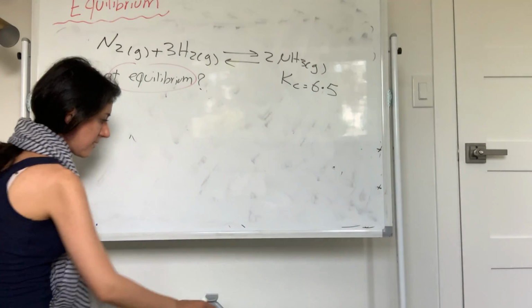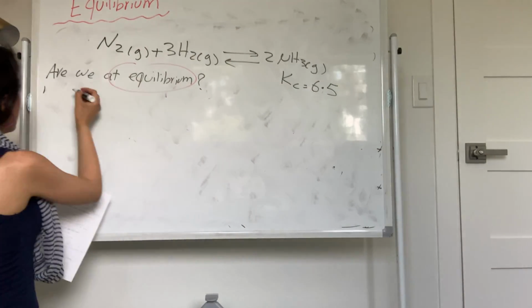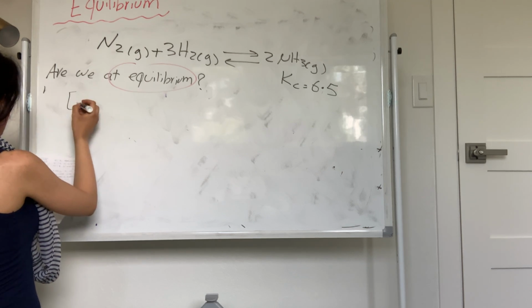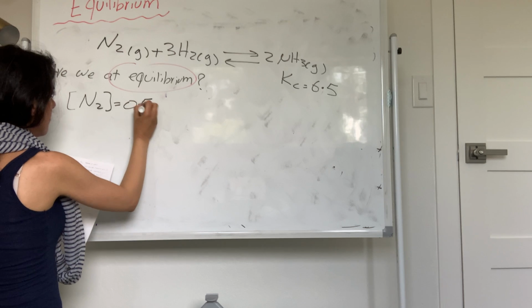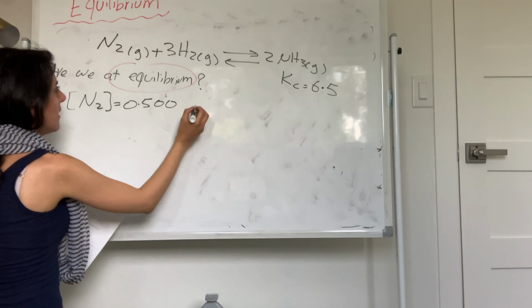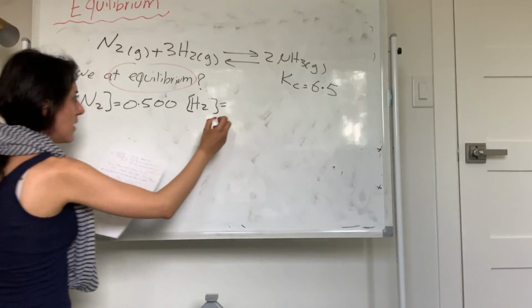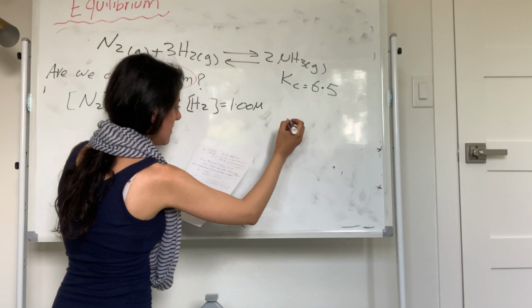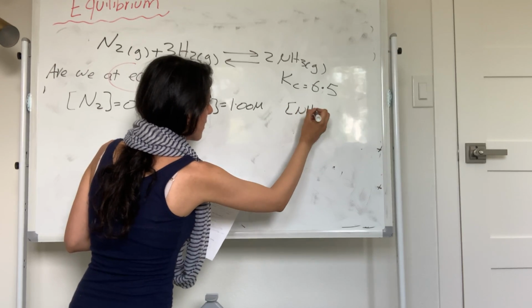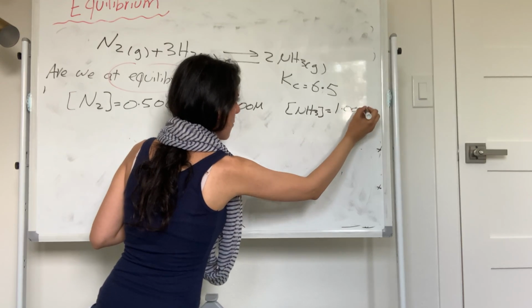The N2 concentration is 0.500, the H2 concentration right now is 1.00 molar, and the ammonia concentration is 1.00 molar. These are all molar, you guys know that.